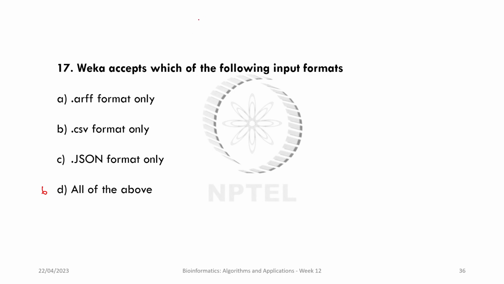All of these are acceptable, right? ARFF as well as CSV are accepted. JSON is also accepted because it's how JavaScript objects are written, and we being a Java program, it does accept.